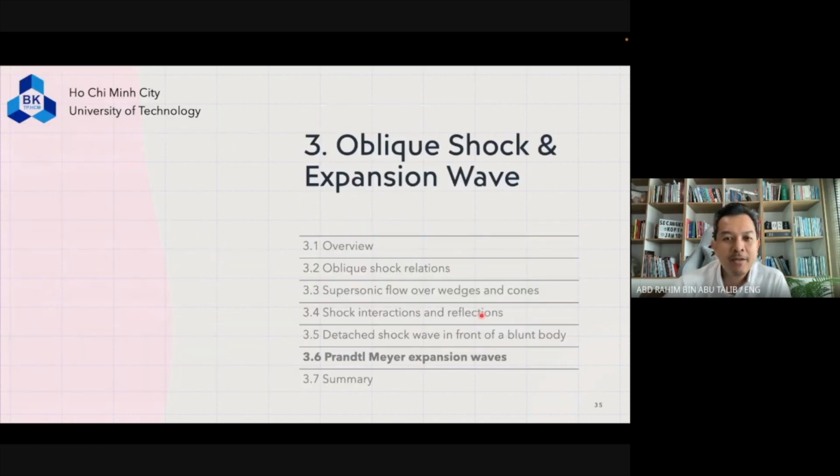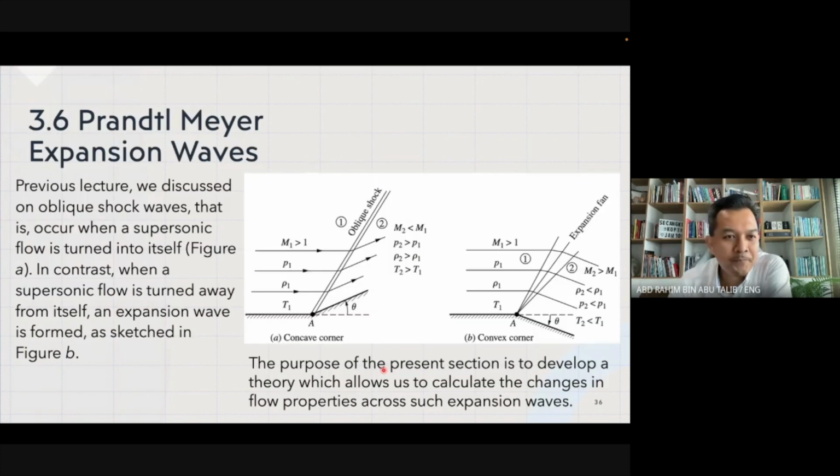All right. Now, let us go into the last part of the oblique shock and expansion wave topic, which is called the Prandtl-Meyer expansion waves. As we have already gone through in our previous lecture, oblique shock wave occurs when a supersonic flow is turned into itself, meaning that it is a concave corner.